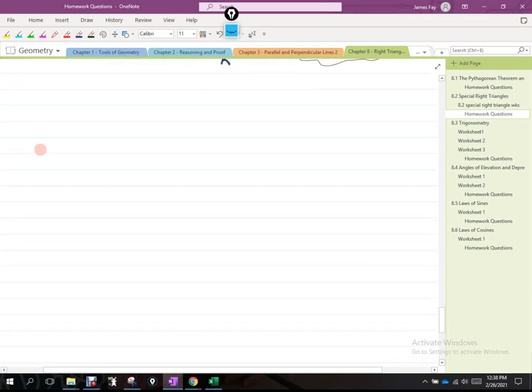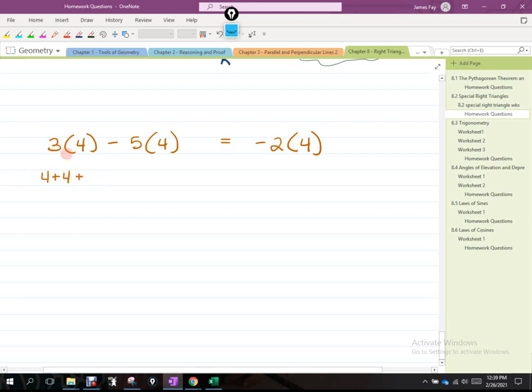If I had 3 times 4 minus 5 times 4. Okay? Can I rewrite that as negative 2 times 4? That makes sense? And we can do that because think about 3 times 4 means 4 plus 4 plus 4, right?